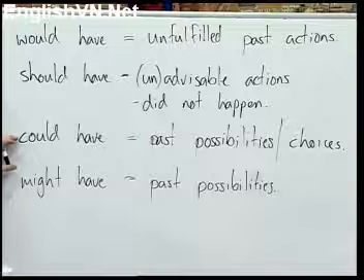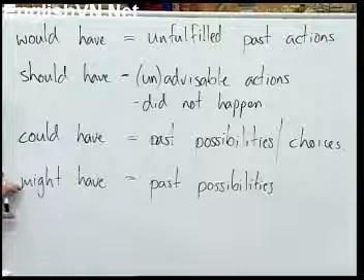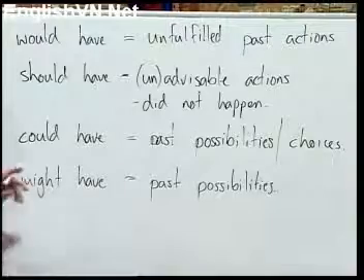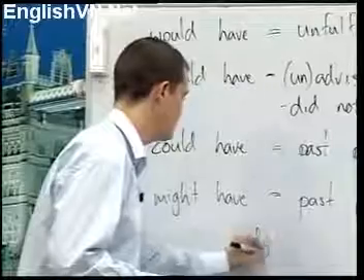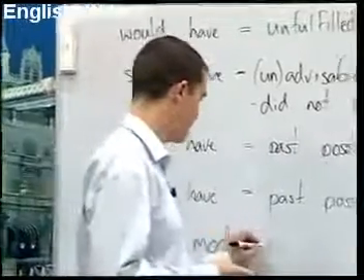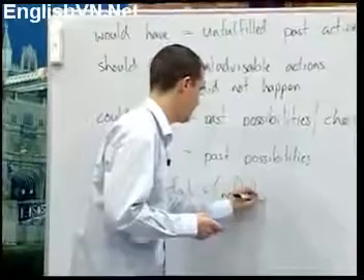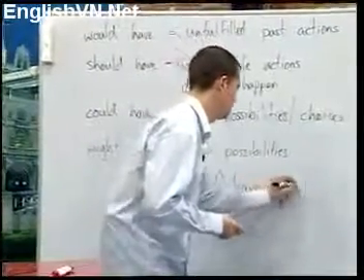Could have: past possibilities, past choices. Might have: past possibilities. These are modal auxiliaries. They describe past actions, and we make them this way. We have the modal. In the passive, we make modal plus not or have, and then plus the past participle.